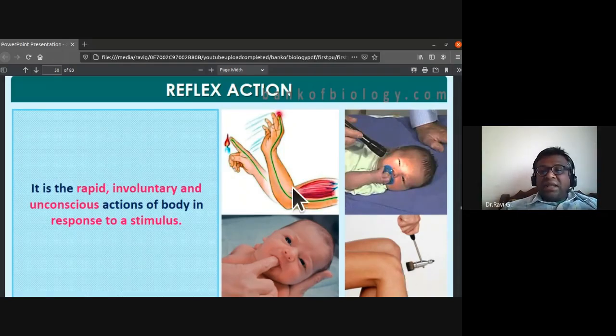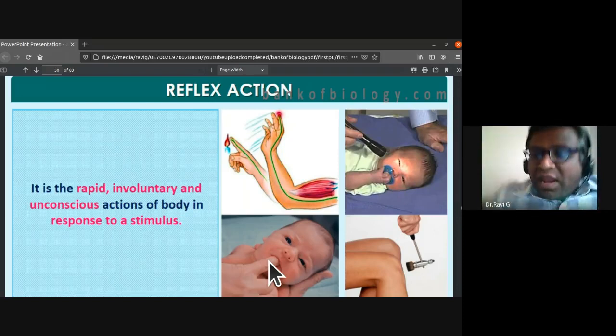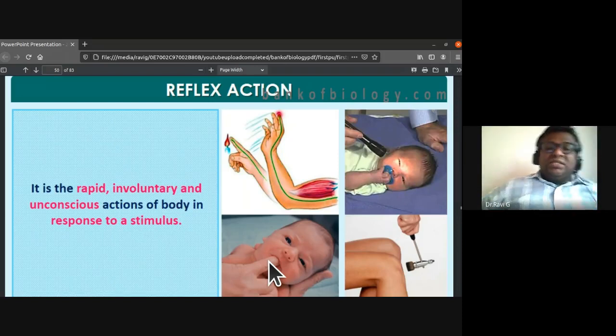Whenever you lift a hot object, you immediately drop it, or whenever you step on a sharp thorn, you immediately lift your leg. These are all involuntary, rapid, and unconscious actions of the body in response to a stimulus. So this is of survival value.